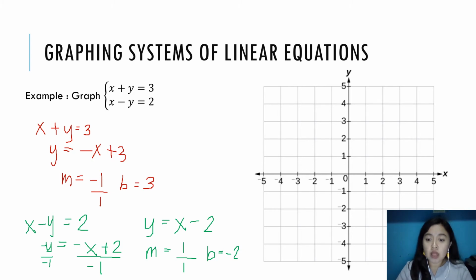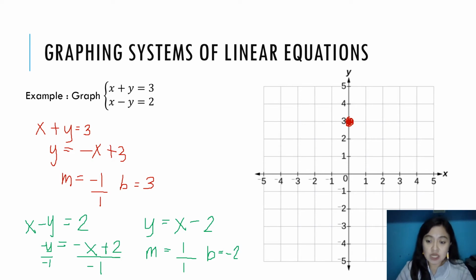So, let us plot the two equations on the graph. For the first equation, its y-intercept is positive 3. So, we will look for positive 3 on the y-axis and positive 3 is here. So, we will draw positive 3 there. Now, using the slope, since our slope is negative 1 over 1, its numerator is negative 1, and we know that the slope is just change in y over change in x.